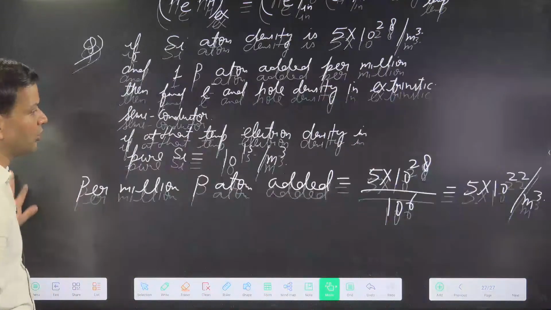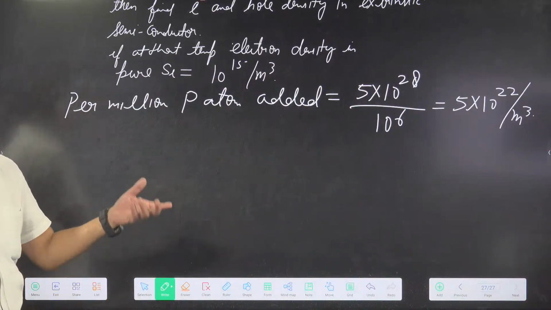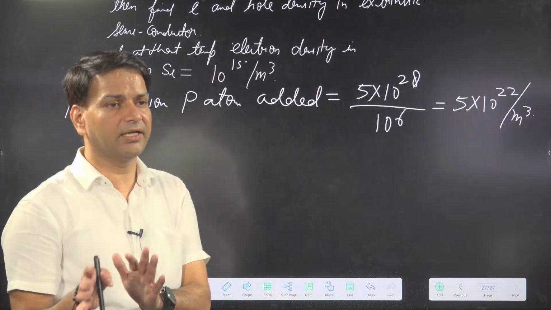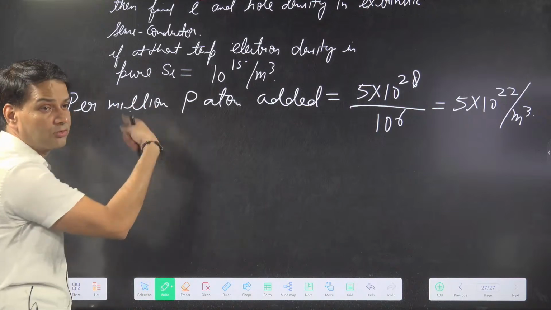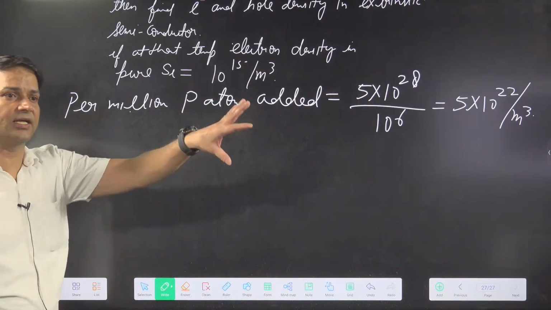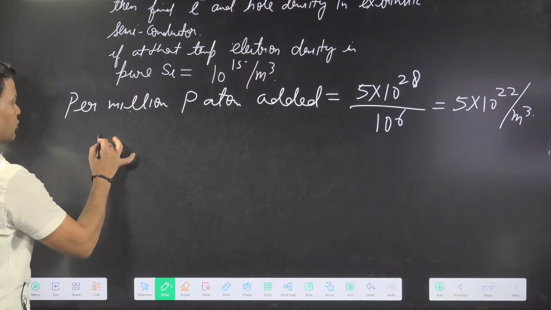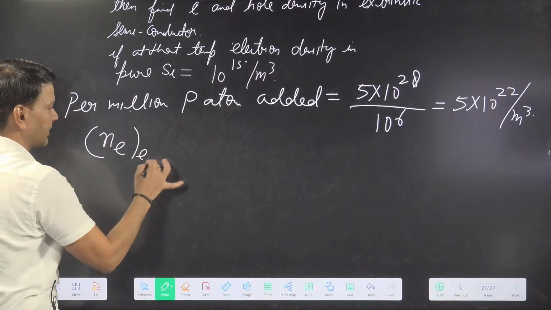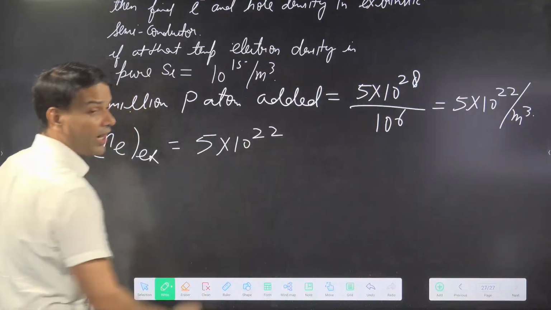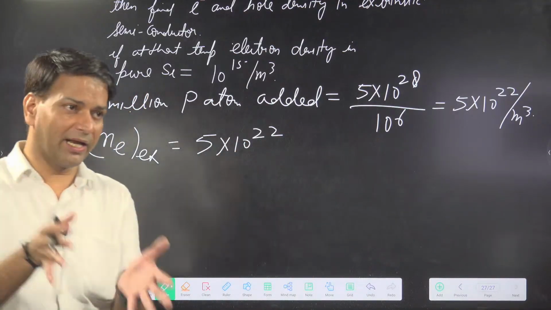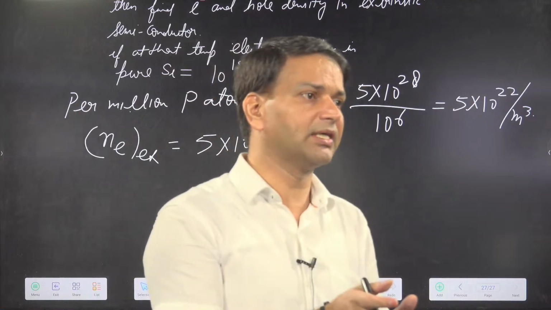Now I'm asking the hole density and electron density. The number of phosphorus atoms added will directly be the electron density. So in the extrinsic semiconductor you will take 5 into 10 to the power 22. Why? Because that is the number density you have added.